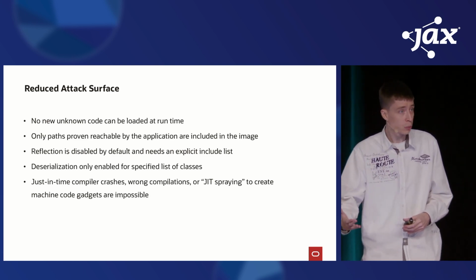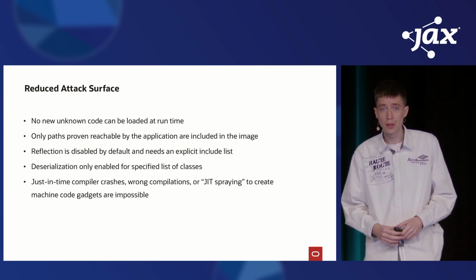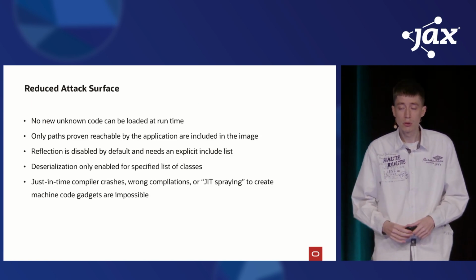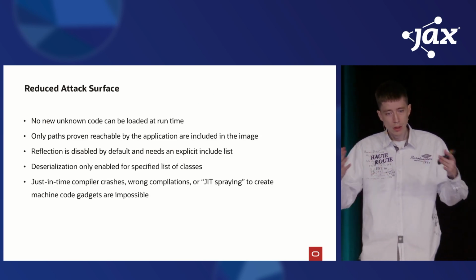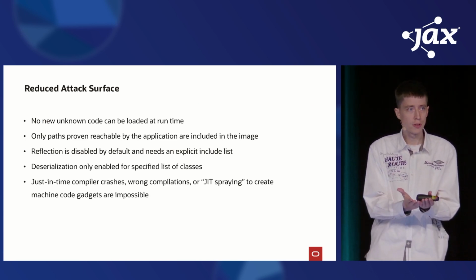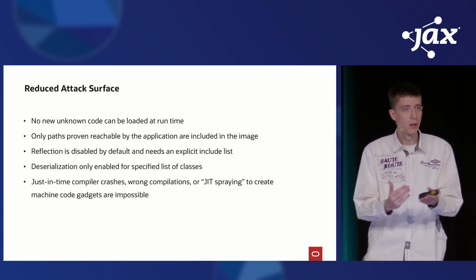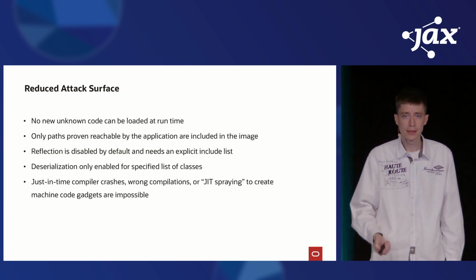This kind of JIT spraying attack in ahead of time compiled mode is also not possible because there is no JIT compiler in that program. So to summarize, in terms of security, we are reducing the attack surface. We make less things possible that were possible before, and we are therefore less attackable.